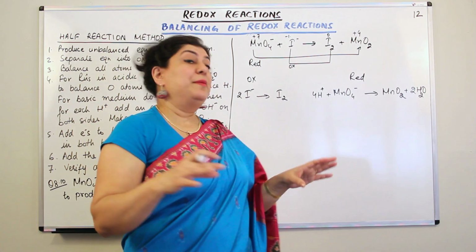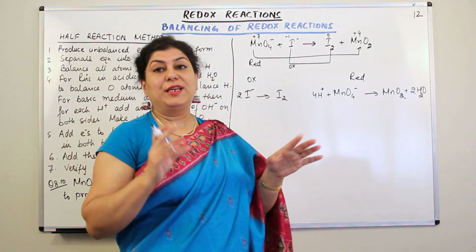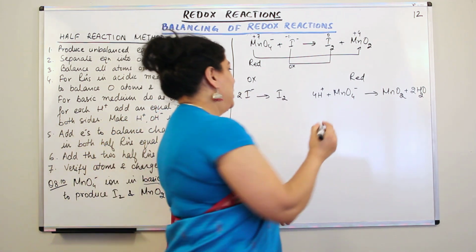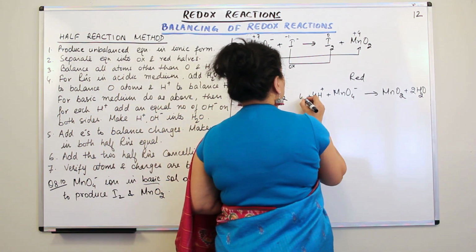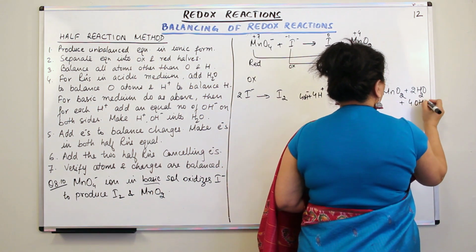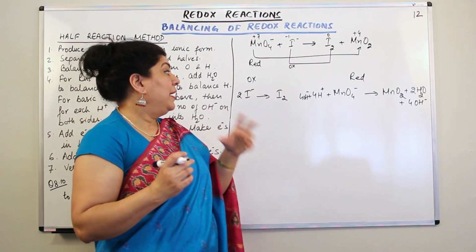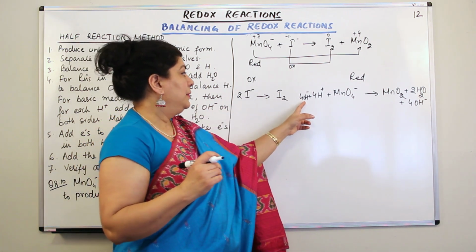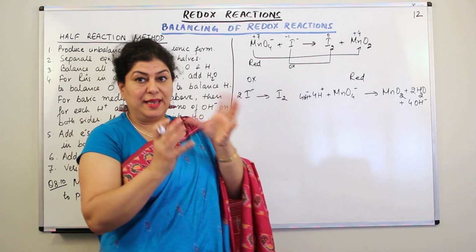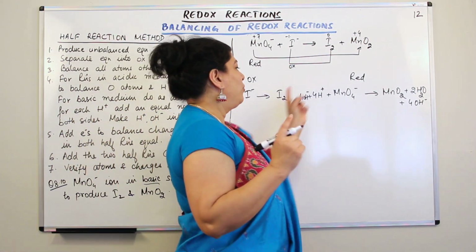Now, since the medium is basic, I need to add an equal number of OH negative ions on both the sides. So I'll add 4 OH negative ions on this side and 4 OH negative ions on this side, right? When I do that, the OH negative and H positive get together to form a water molecule. So this will result in the formation of 4 water molecules.